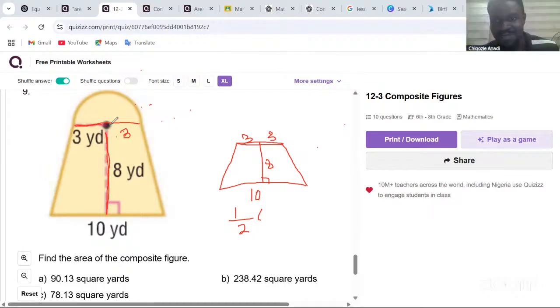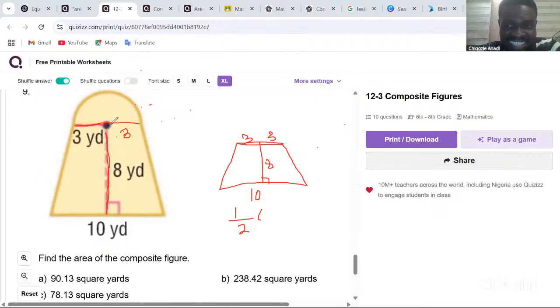What would that give us? 14 plus 0.1 plus 64. That will give us 78.13.